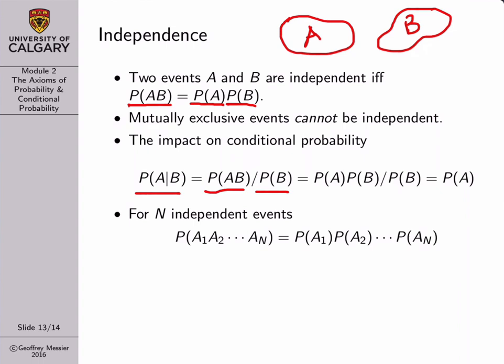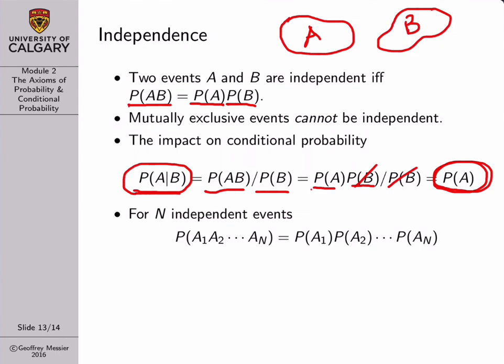However, if the two events are independent, then the probability of their intersection is equal to just the probability of A multiplied by the probability of B. But these two probability values cancel, which just leaves us with the probability of A. So the probability of A, given that B has occurred, is just equal to the probability of A. A and B are independent. The fact that B has occurred has no influence at all over whether or not A is going to occur, and so we would expect this result.